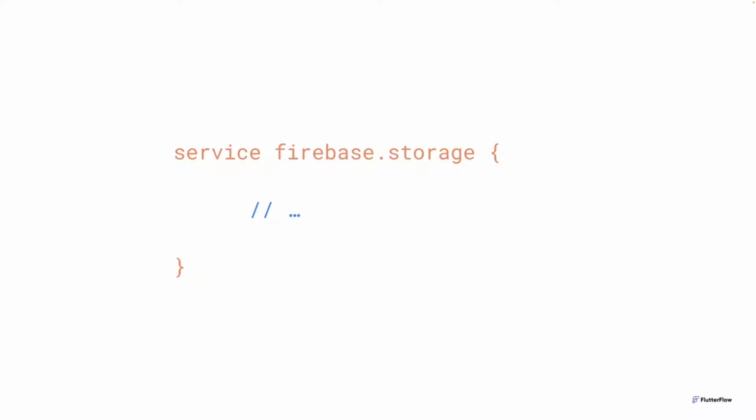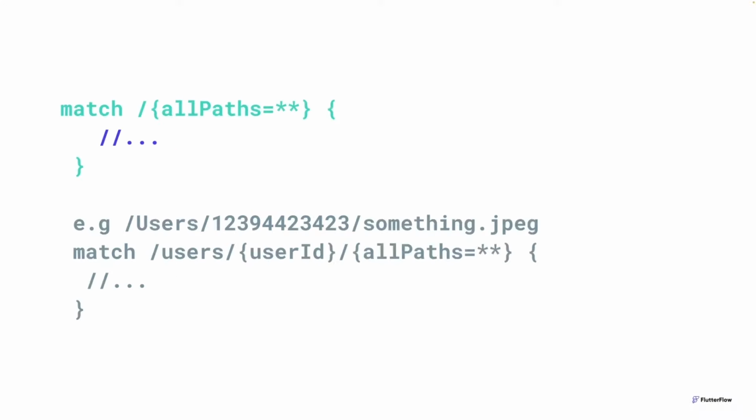You can also apply rules for other services such as Firestore, that we will do in module 15. Stay tuned. The match statement defines where the action level should happen. For example, the path equals star-star with curly braces. This is a wildcard, which indicates everything else.